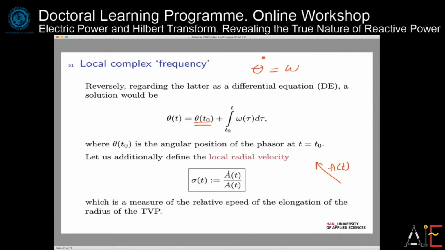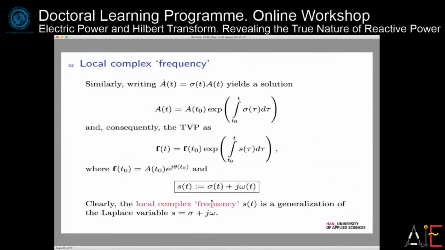Okay. So this also defines a differential equation, and that's given over here. Now we know from the theory of differential equations that you have equality, so this is a possible solution.